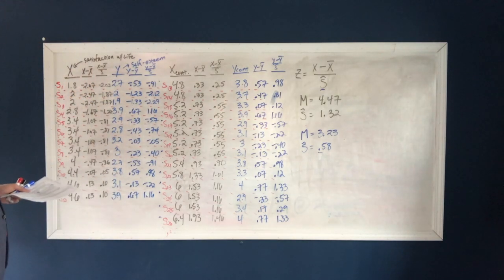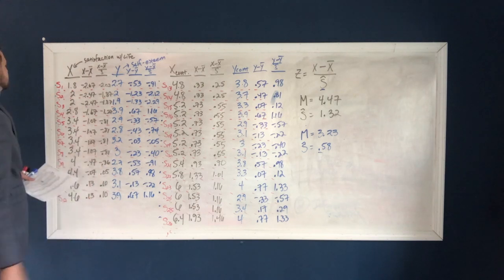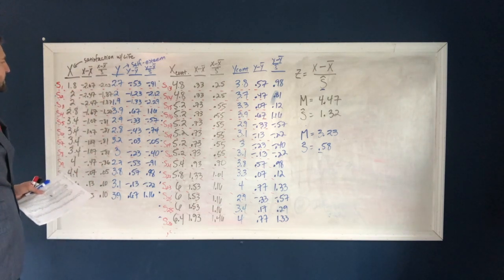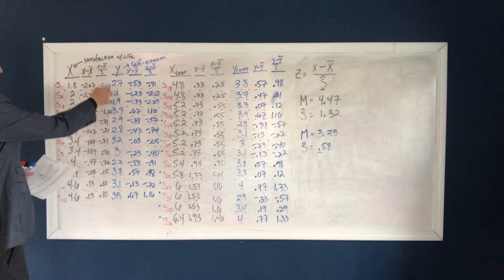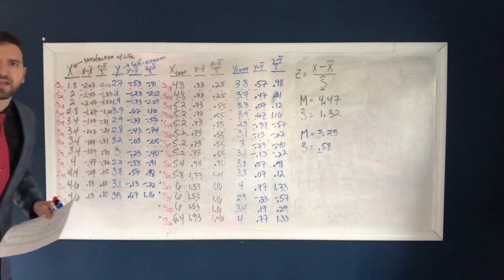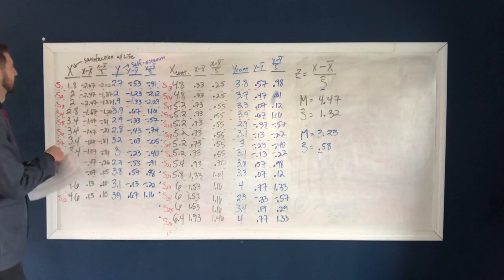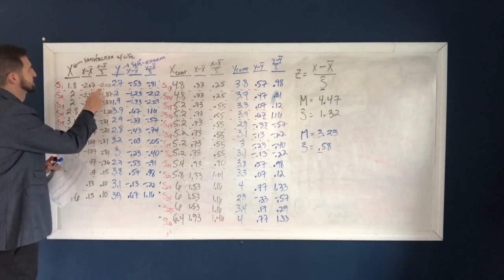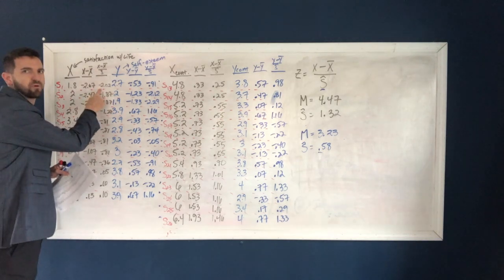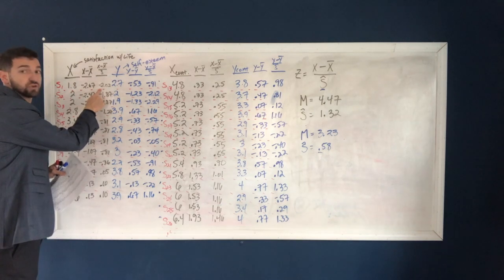Let's look at the z-scores for the satisfaction with life distribution of data. For subject 1, we have a negative 2.02.